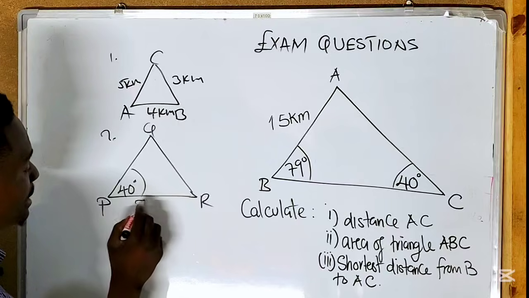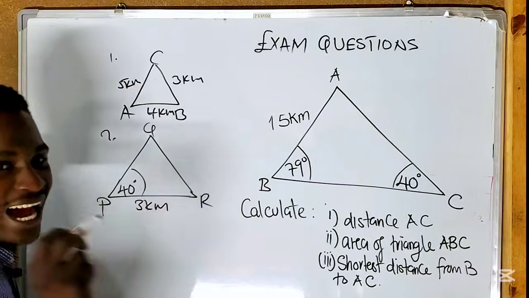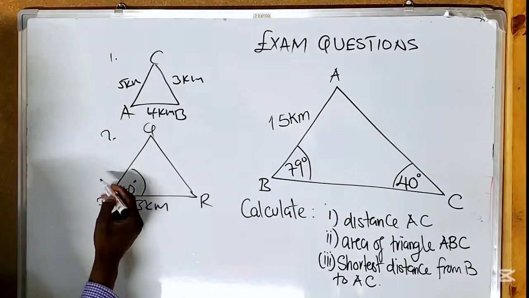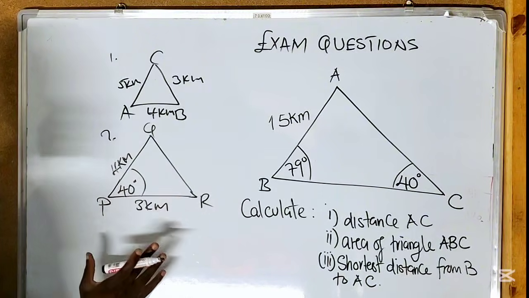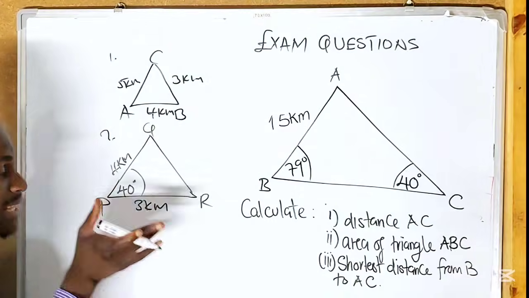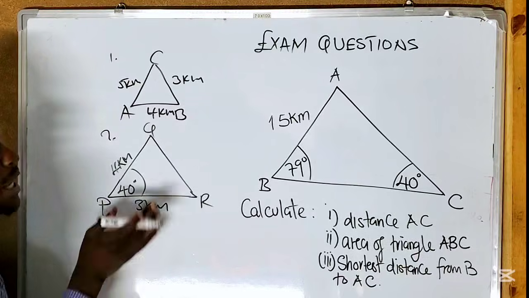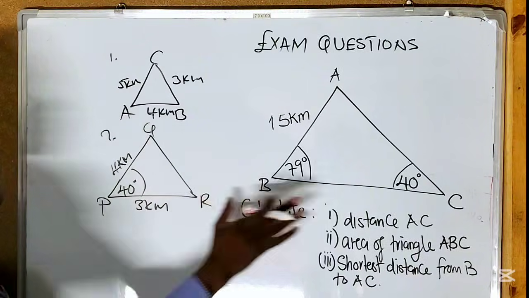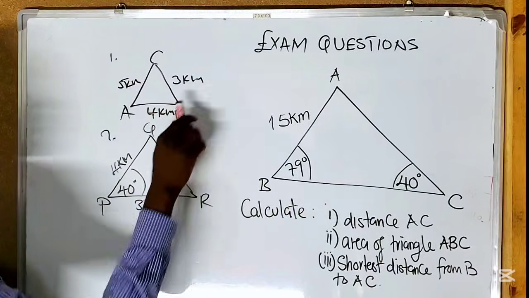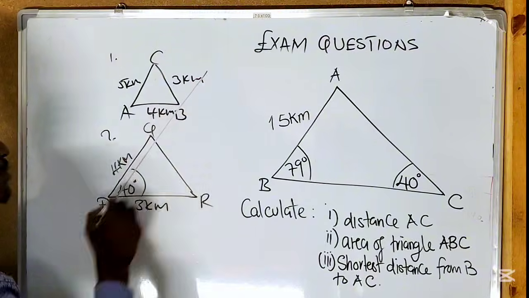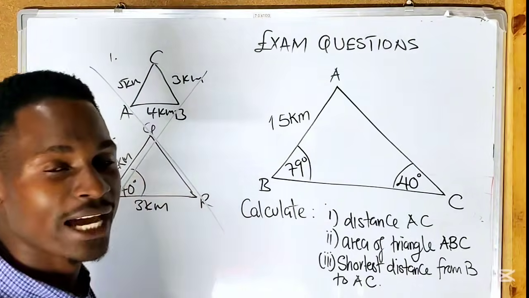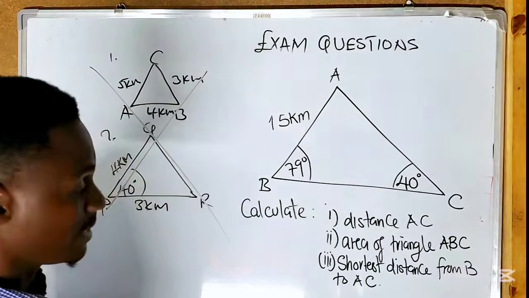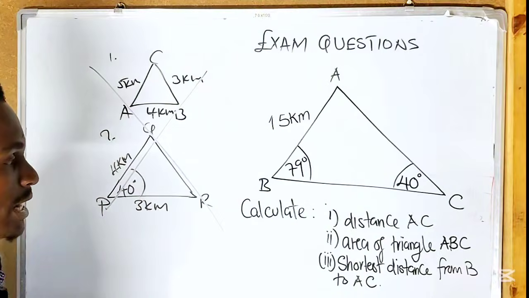And the side here 3 kilometers, the other side must be this side, let's call it 4 kilometers, because the angle should be in between the two sides. If the question is not in this form or this form, then we can't use the cosine rule. Let's use the sine rule, okay? Then you're supposed to use the sine rule.